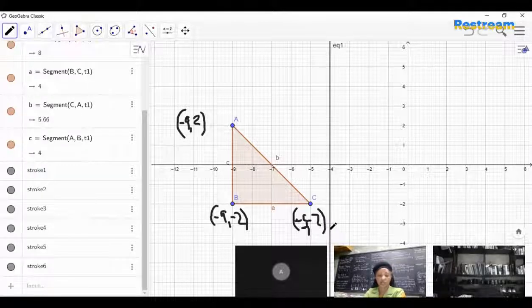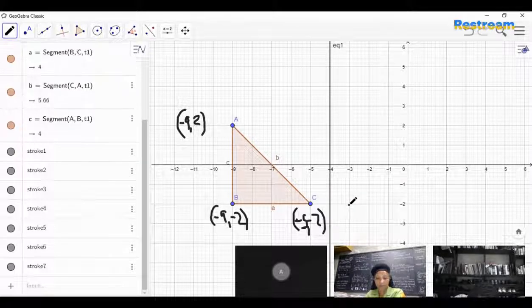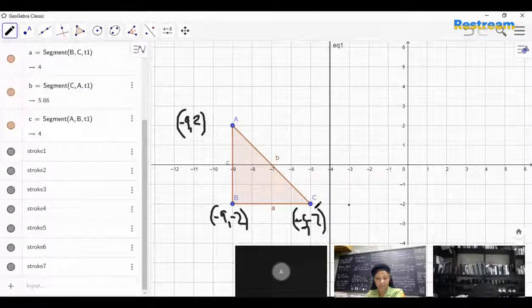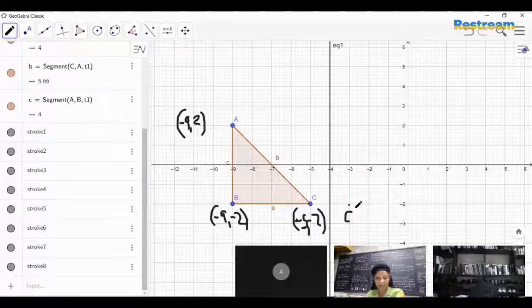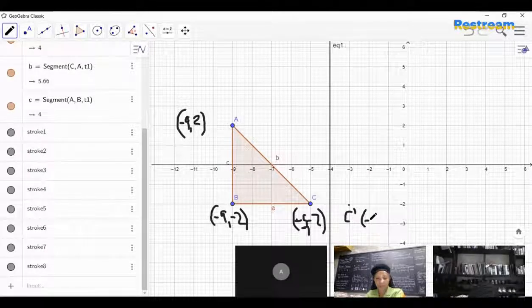All right, so where should the image go now? C should go at -2, so here. Same distance from it, right? Yes, ma'am. So this will be C prime. What are the coordinates for C prime? -3, -2.